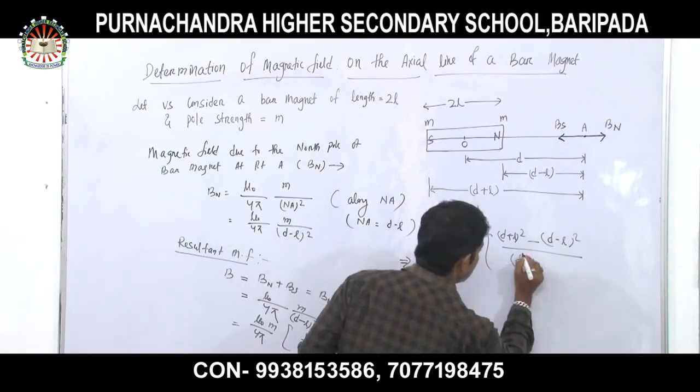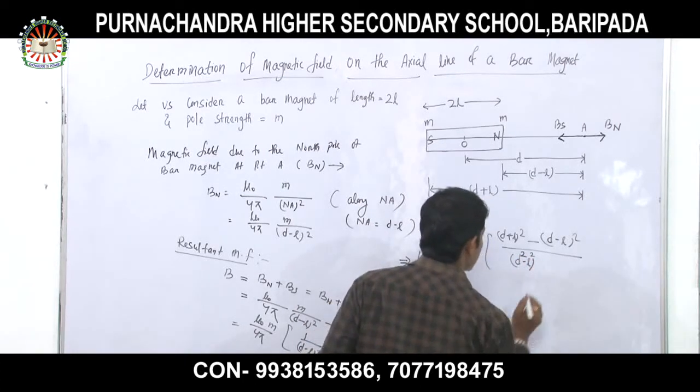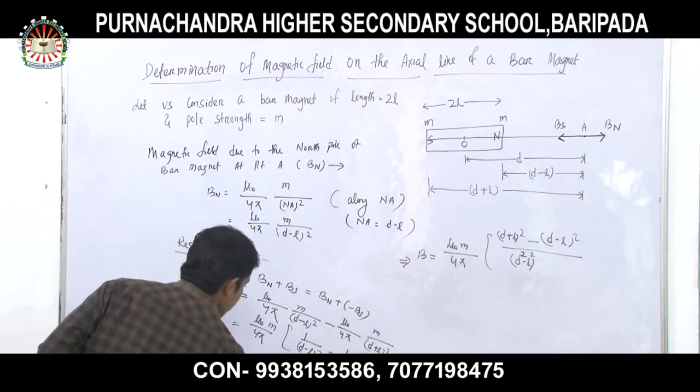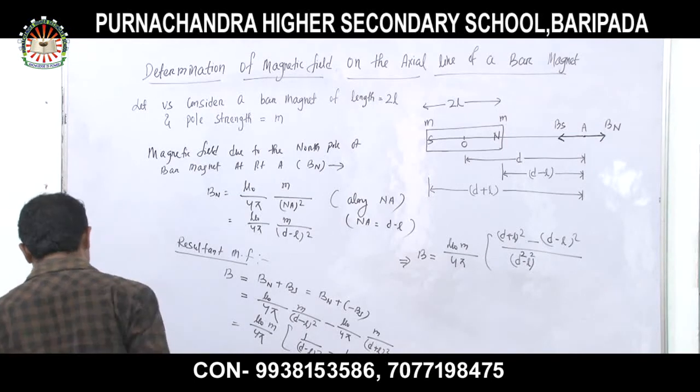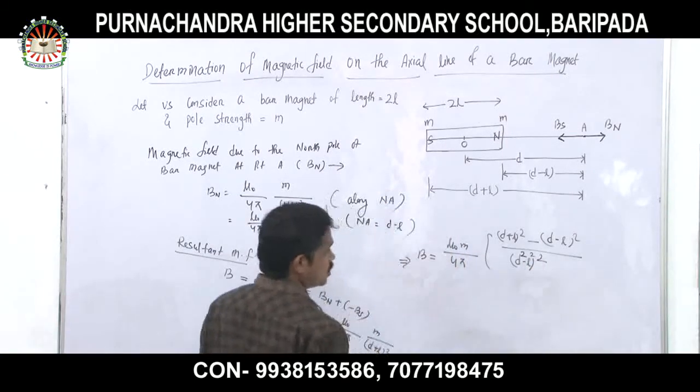Okay, so that is your D square plus L square... Look at here, this is D minus L whole square, and this is D plus L whole square. Okay, so this is D square minus L square whole square. So this much.